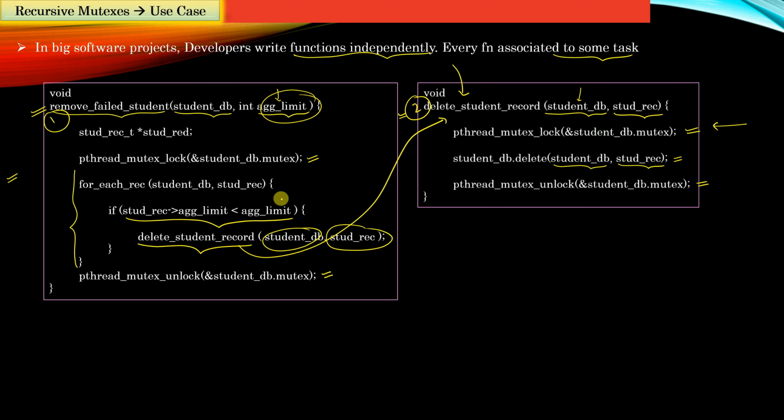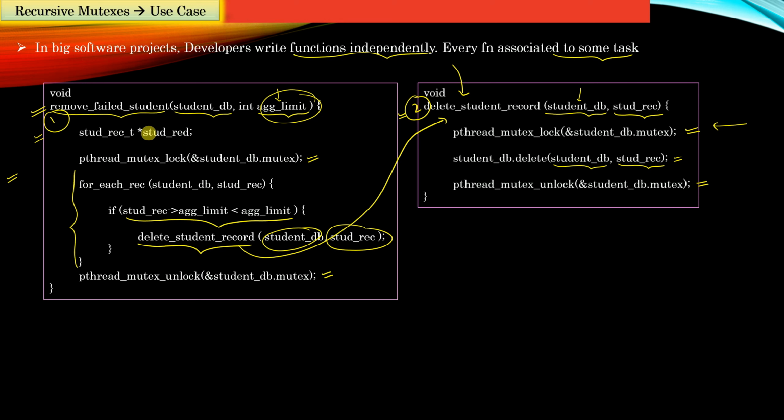Alright, so API number 2 would work just like a black box to the developer who was writing the API 1. And this is what happens in the company when you write code. You invoke already written APIs, and most of the time you only know what is the input to those APIs and what is the output of that API, without bothering what is the internal implementation of that API. Alright.